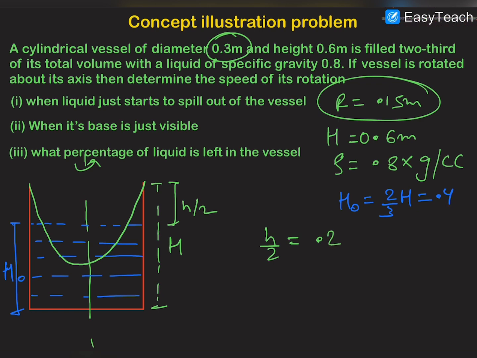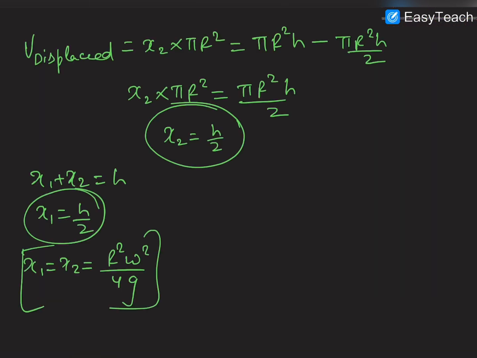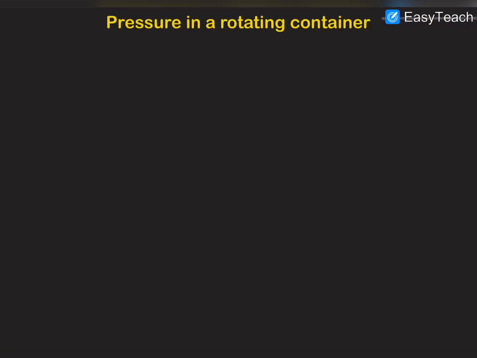And h will be equal to 0.4. and we have already derived the value of h as r square omega square by 2g.